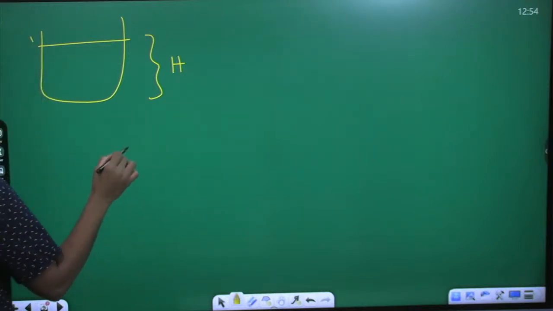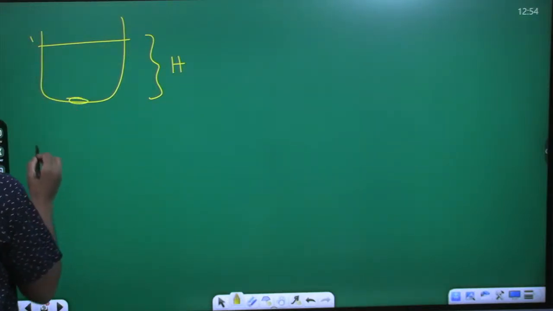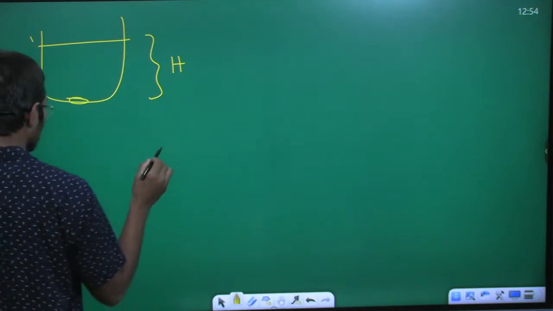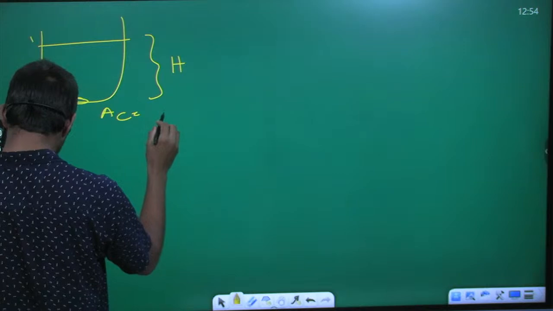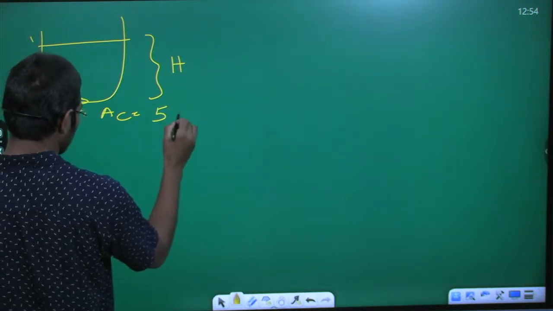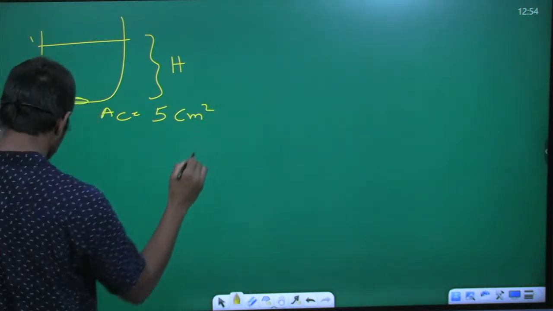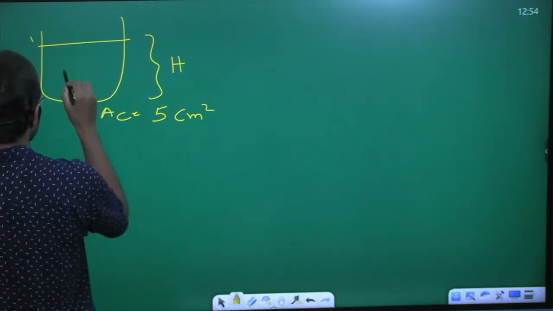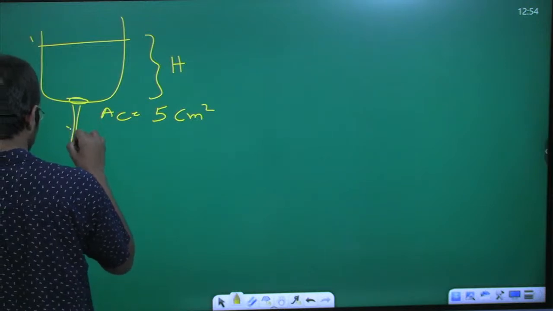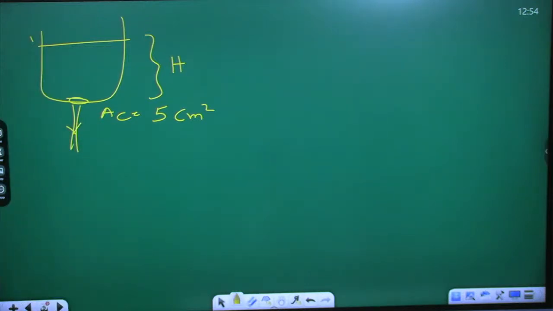A hole is made at the bottom whose area of cross section is 5 centimeters square, and it allows the water to drain out. Question number 96.